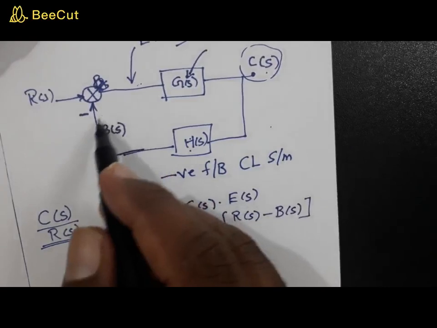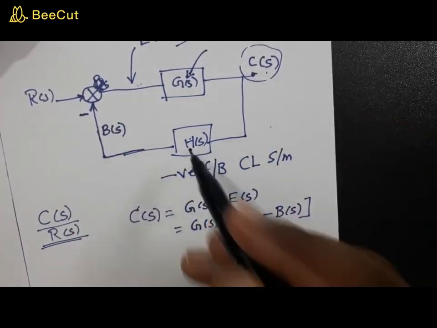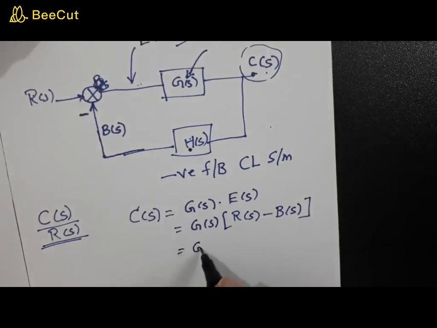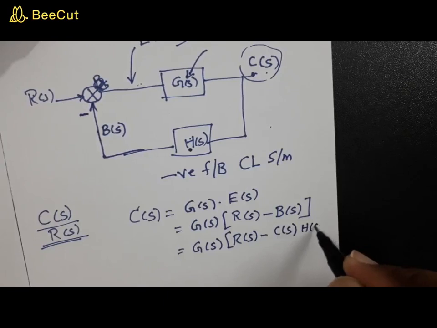Now what is this B of s? B of s is C of s into H of s, right? So this can be written as G of s into R of s minus C of s into H of s.